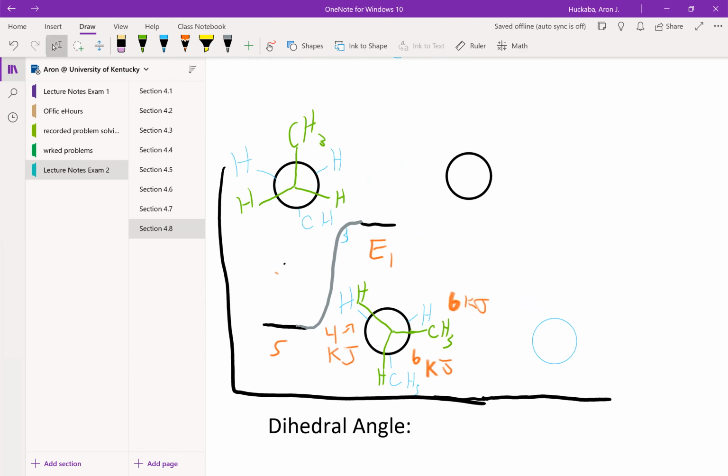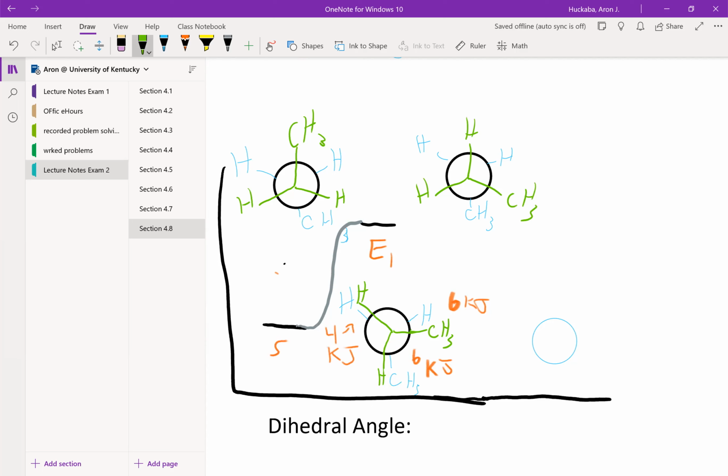But if we turn it 60 degrees again in the same clockwise manner, now we relieve some of that strain by giving each of these now its own space, except for one little caveat. If you notice, the two CH3 groups are now next to each other.